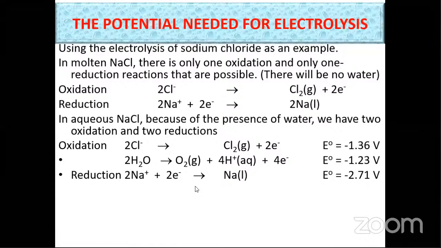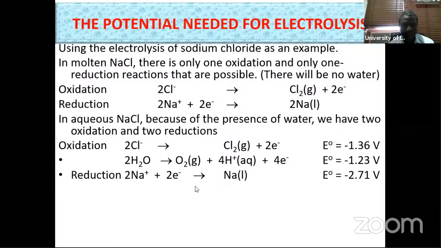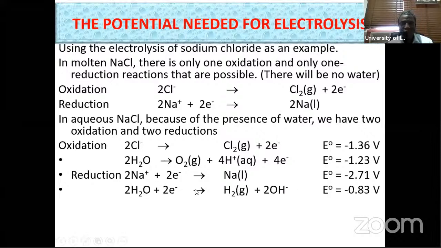And in addition to that, you also have your hydrogen. So you also have your water, in this case, going to hydrogen plus 2OH minus. So now you have competing reactions at the oxidation level, and then you have competing reactions at the reduction level.